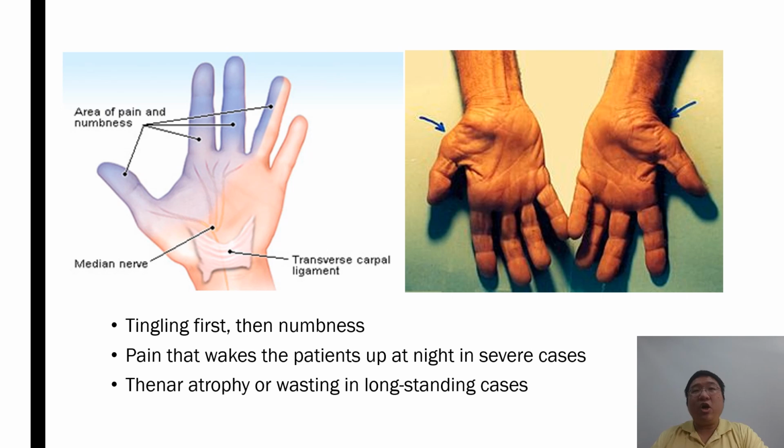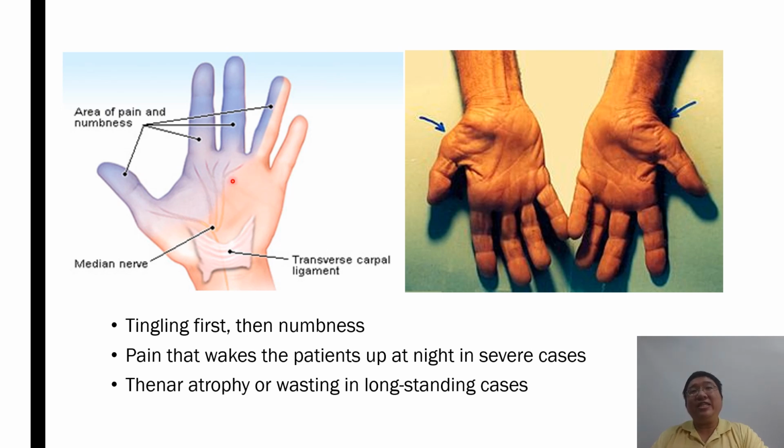Early in the course, the patient may complain of tingling or numbness on the hands, at the first, second, third, and half of the fourth fingers.